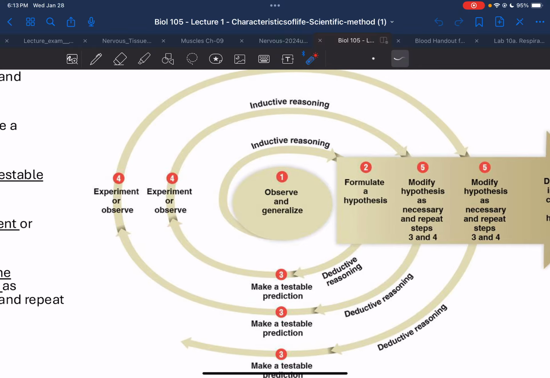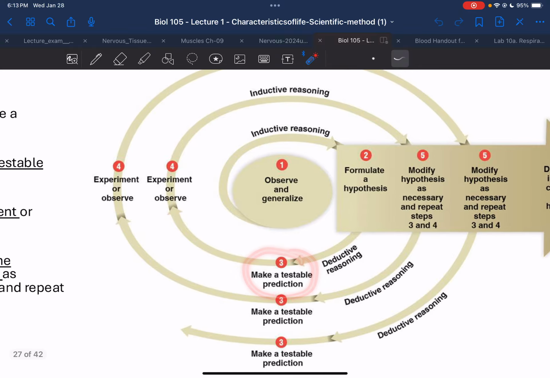So with that, you can see now you're going to have to make a testable prediction. That means that you have to test what you're saying. So say what you're saying. So let's say with this squirrels and nuts example, let's see, what's a good testable prediction for this? Oh yeah, simple.